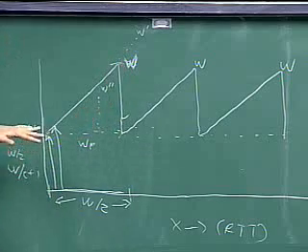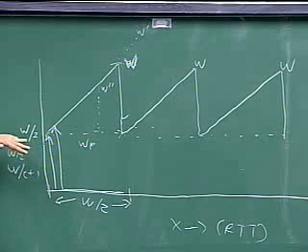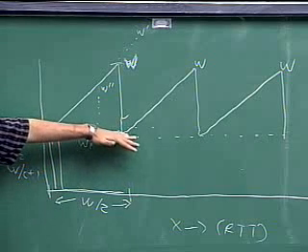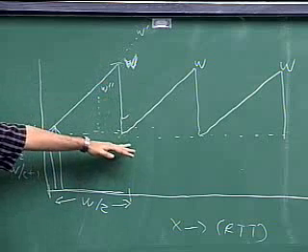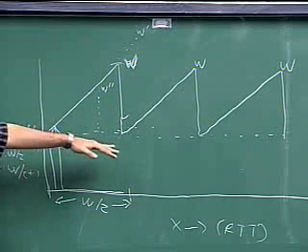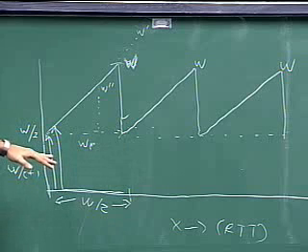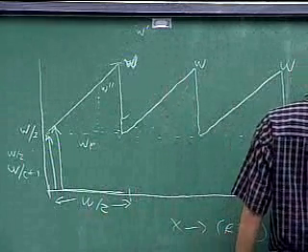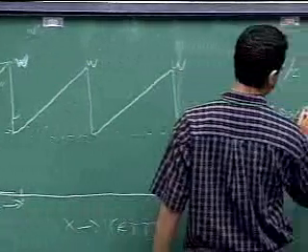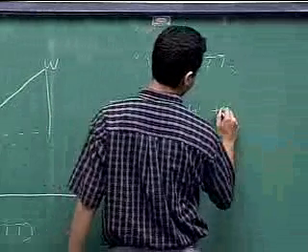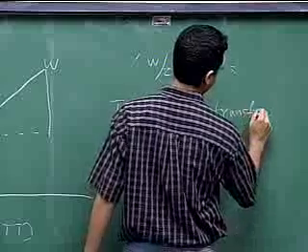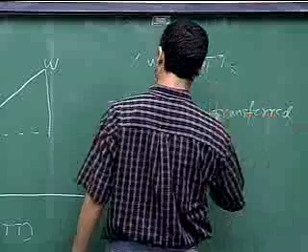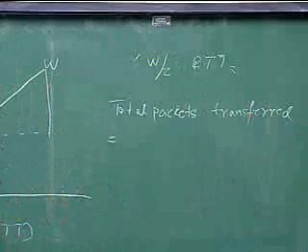So the total number of packets that are going through is going to be the area under this curve. Right? That will give us the total number of packets that go through. So total packets. So we already know that this height is W over 2.